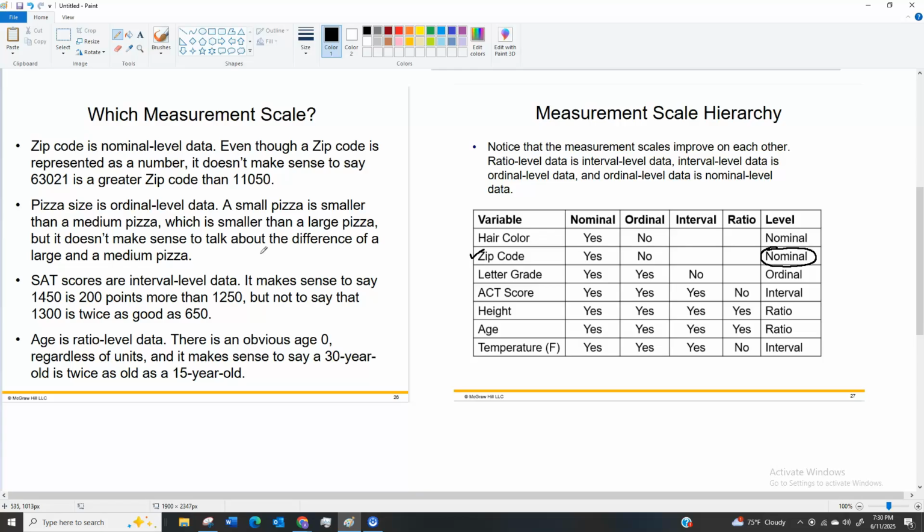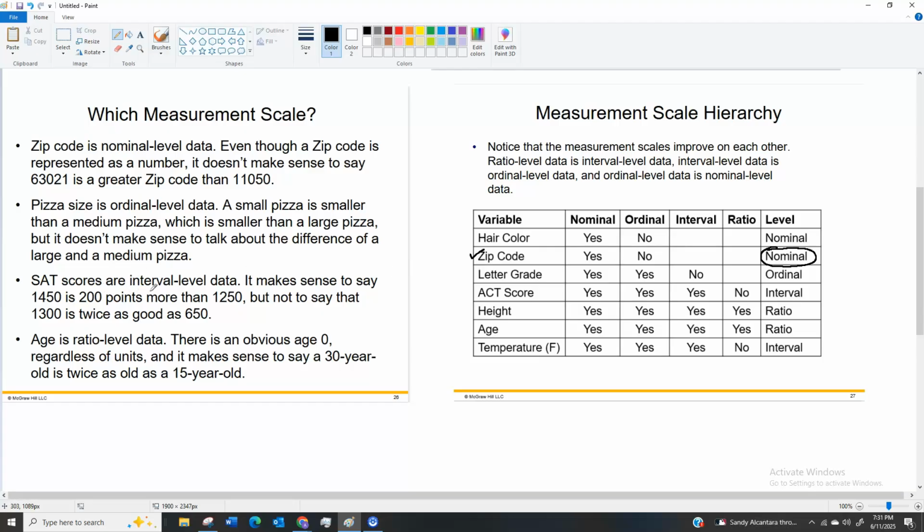Even if some places talk about how many inches in diameter their pizzas are, it's usually not consistent. If you go from a small to a medium to a large, you don't add the same number of inches. A small might be 8-inch, a medium might be 10-inch, and a large might be 15-inch. So they don't have the same interval between them, and it only reaches the ordinal level.